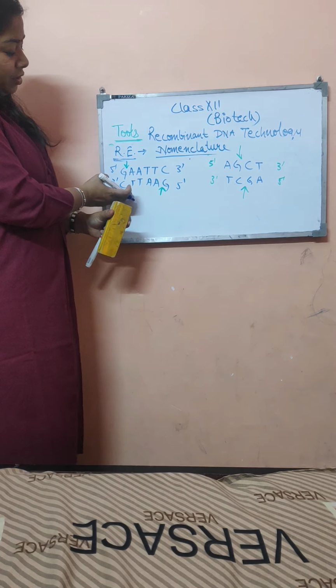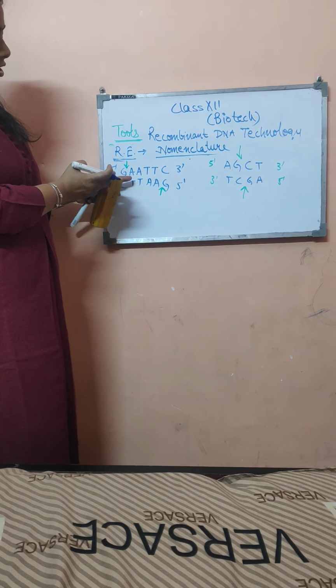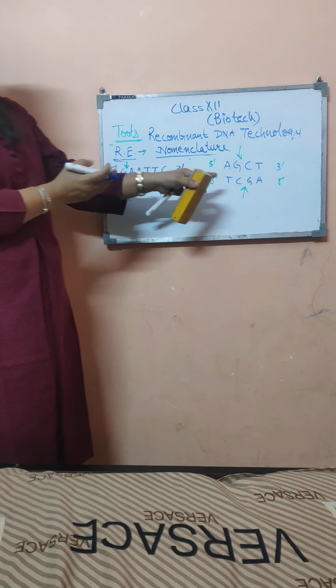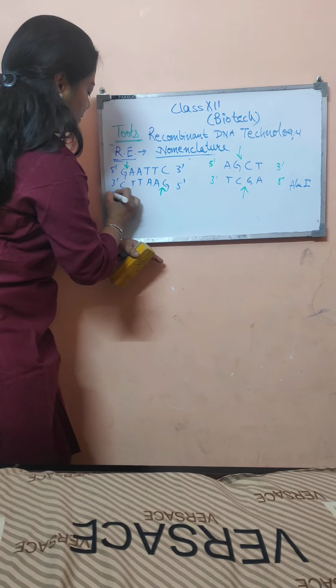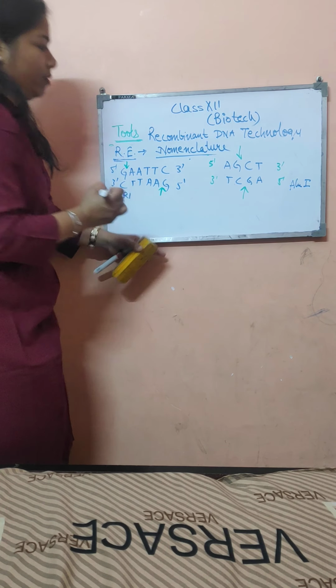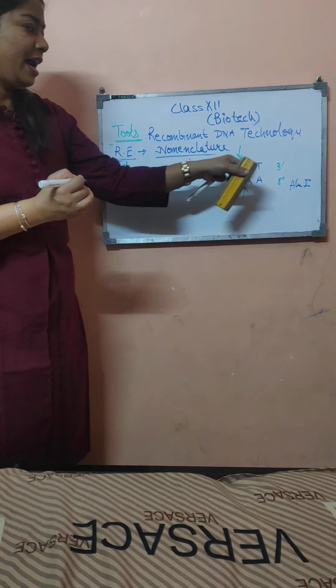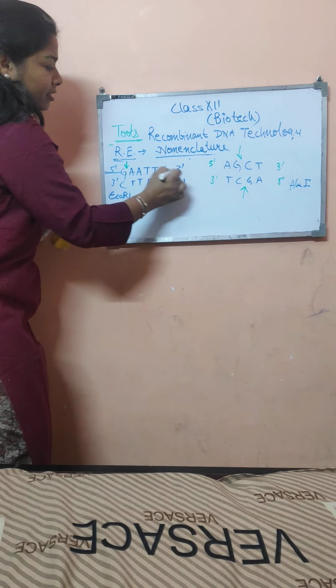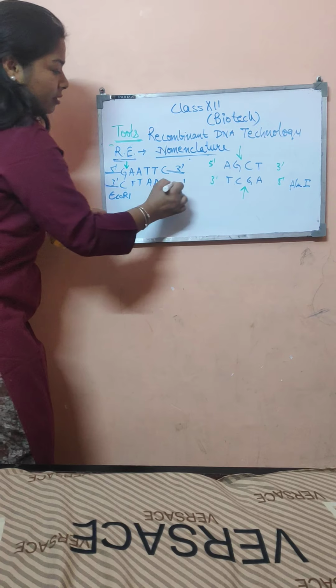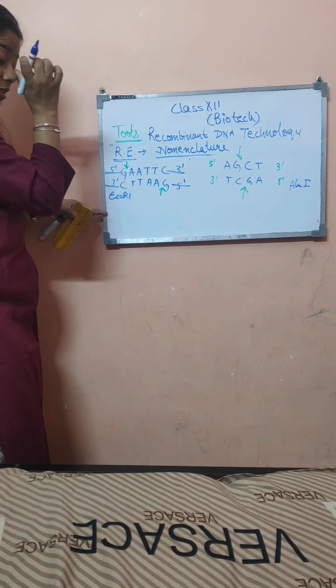The sequence which is recognized by EcoRI is GAATTC, and this is recognized by AluI. AluI cleaves at this sequence, but the resultants are different. So this is the DNA sequence. The resultants are different. How?